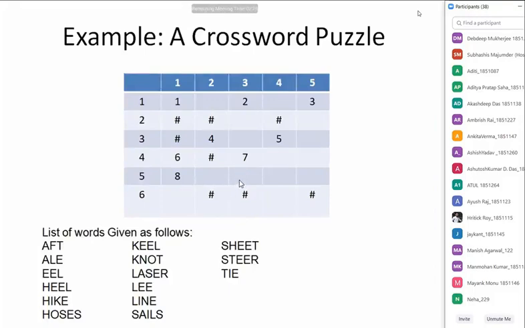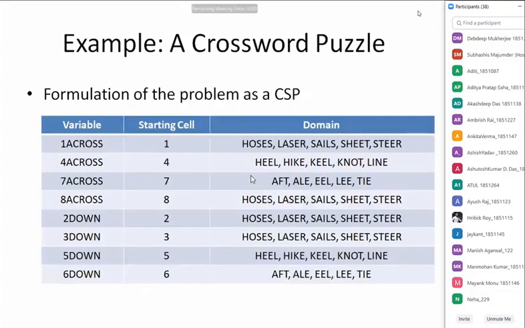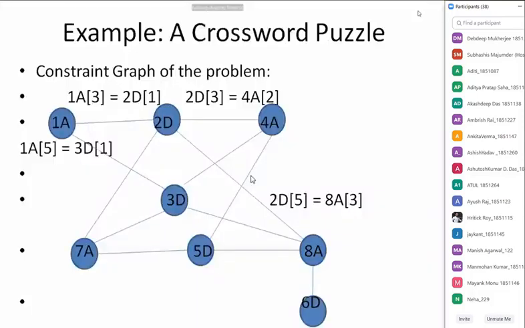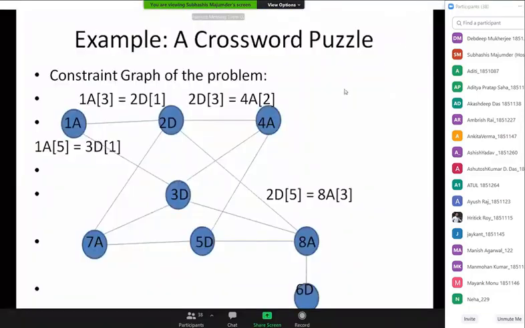Okay, all of you are convinced? Fifth letter: 1, 2, 3, 4, 5. The fifth letter of 2D must be the same as the third letter of 8 across.